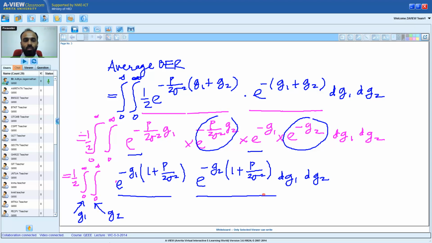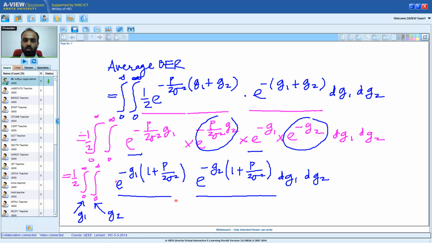So this is separable, because it splits into the product of two functions. Therefore this can be separated into two independent integrals.